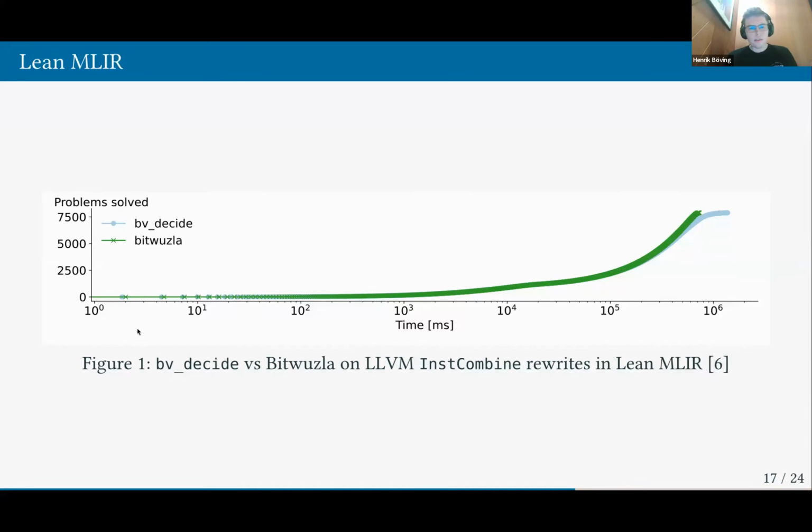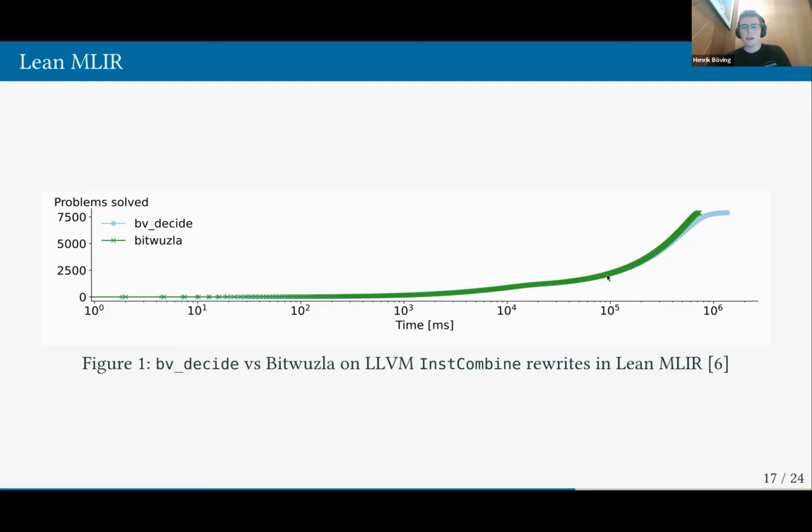And the way to read this graph is we have on the x-axis a logarithmic timescale in milliseconds, and then here the amount of problems solved. And if you go, for example, to approximately 2,500 over here, then this says the first 2,500 fastest problems are cumulatively solved in 10 to the 5 milliseconds.